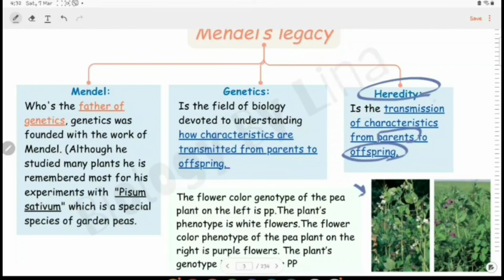For example, you inherited your skin color or hair color or eye color from your parents. This is heredity. But the science of biology that studies the transmission of characters is named genetics. Now, as you can see in this figure, this is the pea plant or Pisum sativum, with purple flower and white flower.